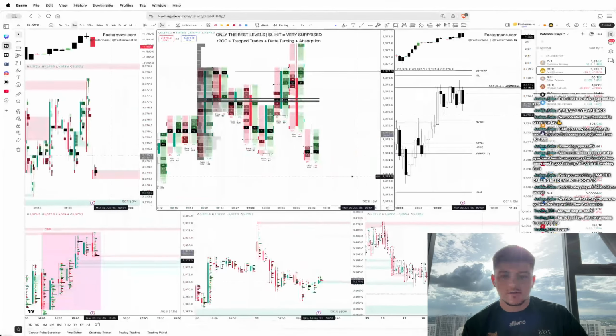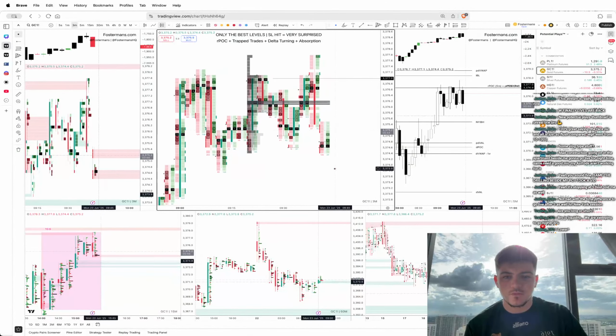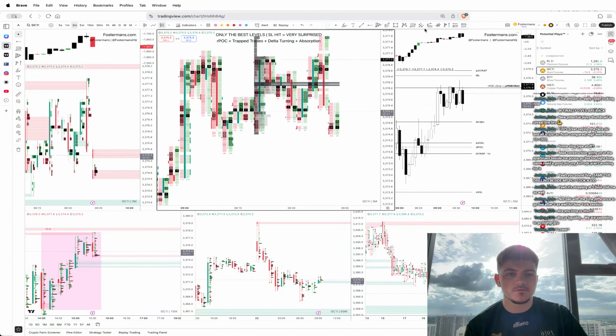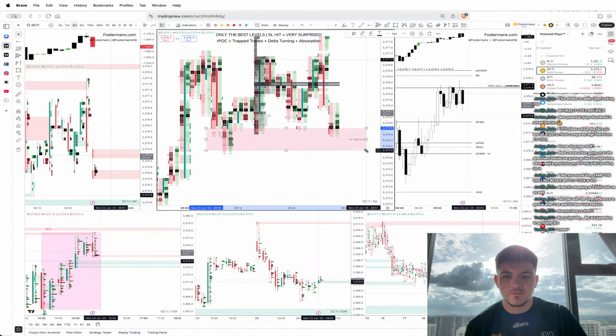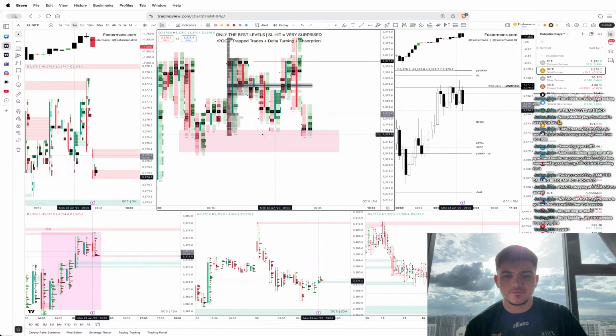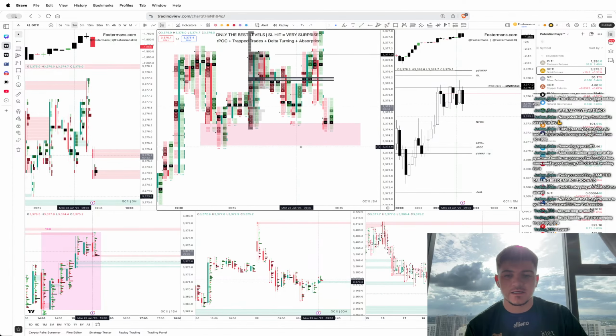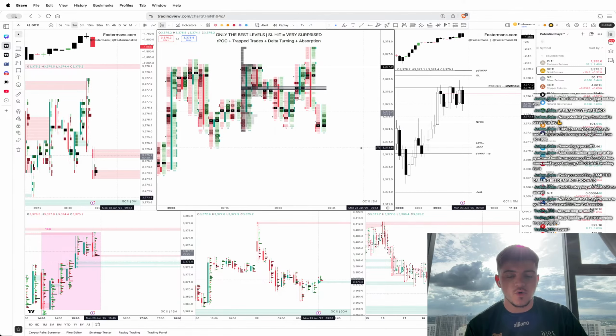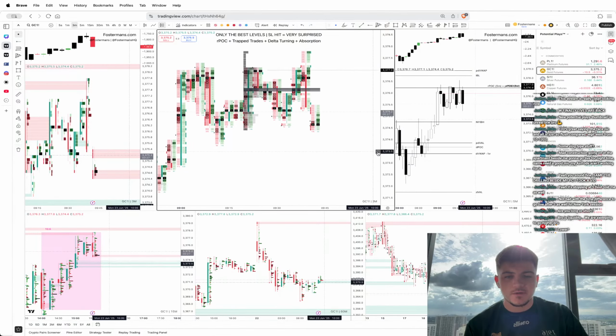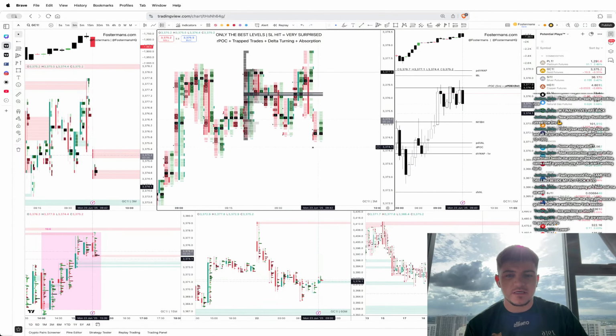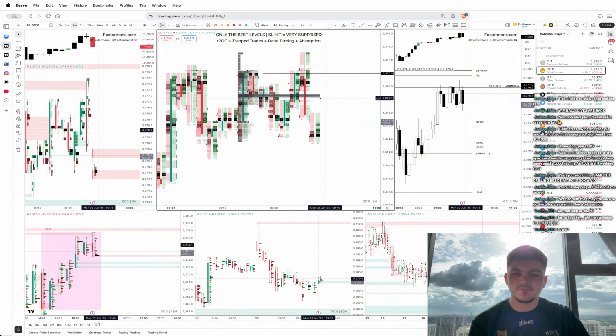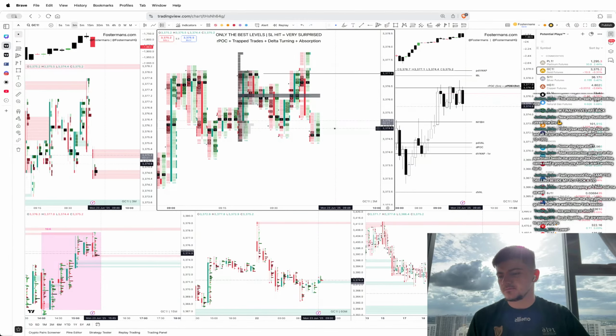This is where a lot of buyers are. You can already tell, right? So you can see here, just this little area right here. A lot of buyers. So breaking past this and closing is what we want to see to hold on to the trade. But these little quick TPs, having a little bit of drawdown, that's normal, right?